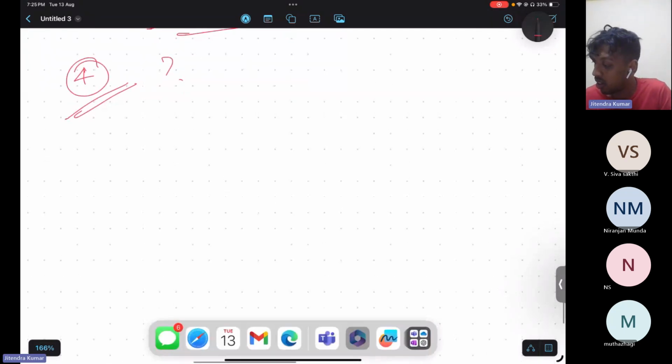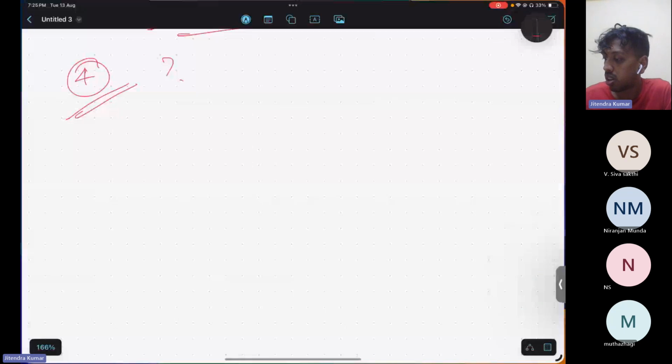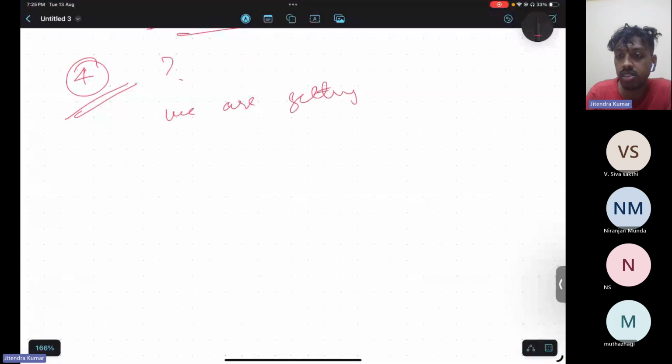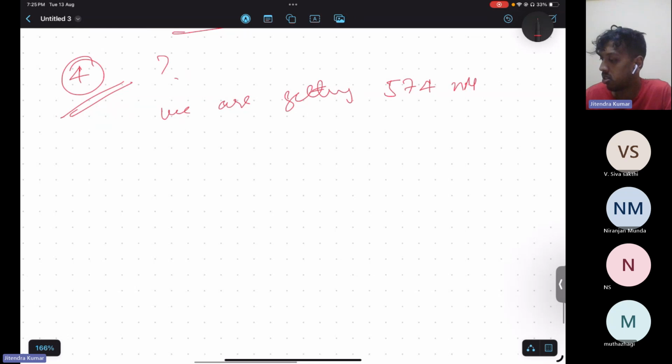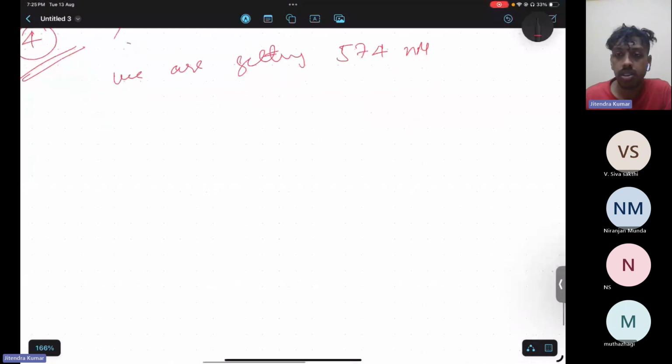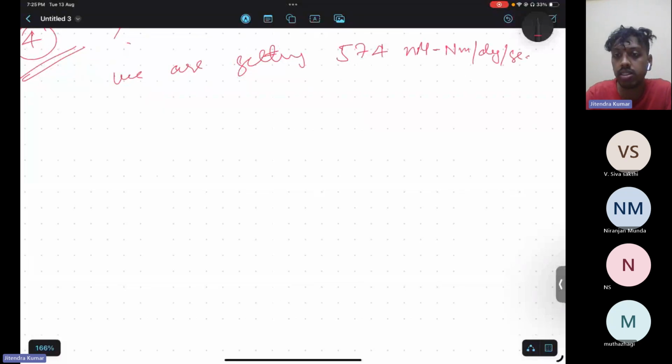What we are getting for question number 4, the answer is 574 nanometer Newton meter per degree, and the range is given from 9.52 to 10.52.